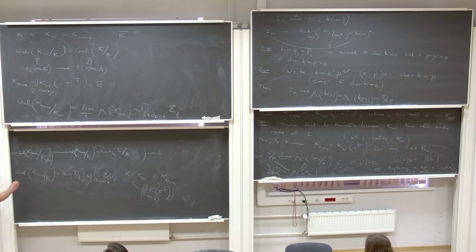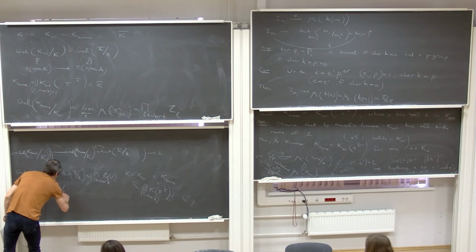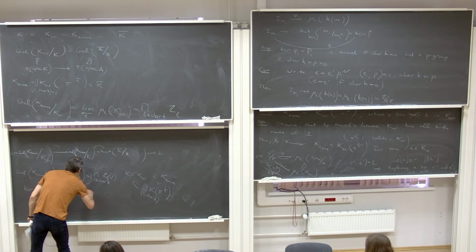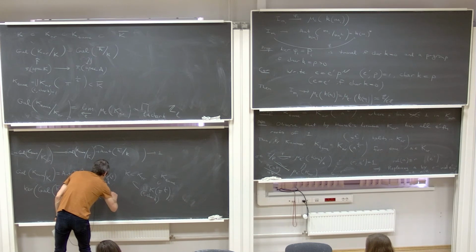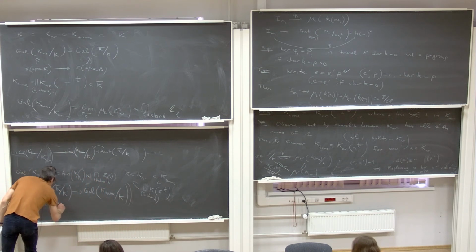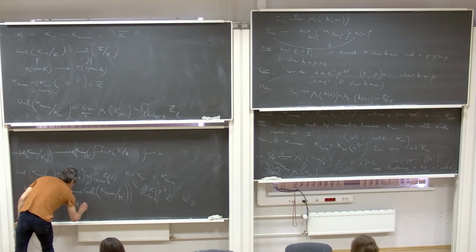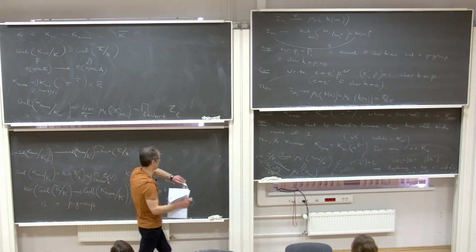And the last assertion is that the kernel of the homomorphism from the Galois group of K bar over K to the Galois group of K tame over K is a P group, and 0 in characteristic 0. Good.